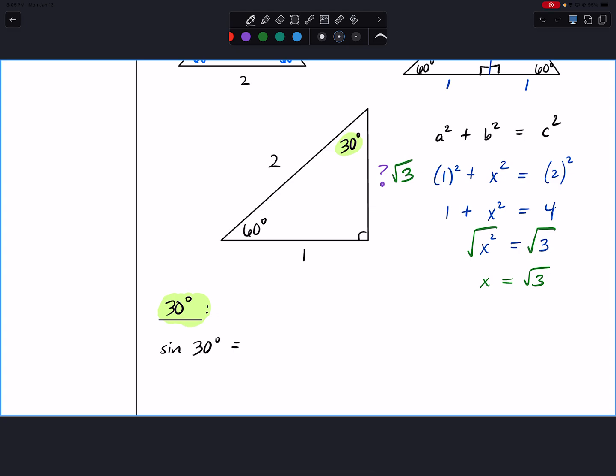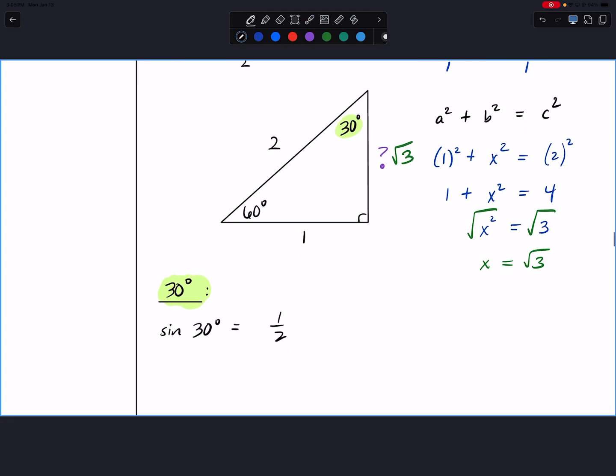Sine is what over what? Opposite over hypotenuse. So what side is opposite of 30 degrees? 1. And the hypotenuse is 2. So the sine of 30 is 1/2. Cosine of 30 degrees. Adjacent over hypotenuse. So what side is adjacent to 30 degrees? Root 3 over 2.